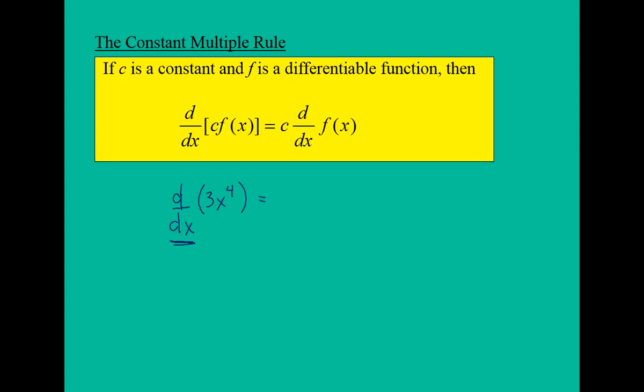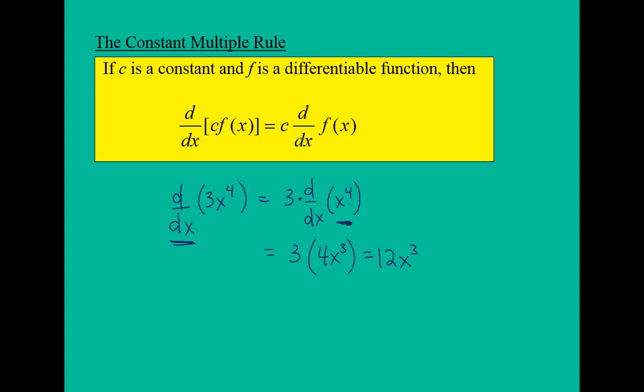I could rewrite this as 3 times the derivative of x to the 4th. Now we know the derivative of x to the 4th would be 4x to the 3rd. And we would just multiply that times 3, which would give us 12x to the 3rd.